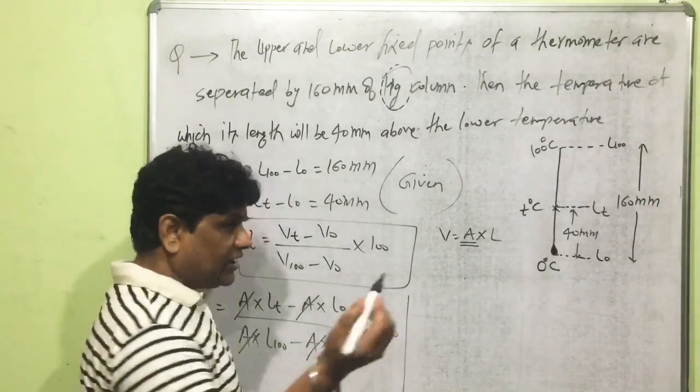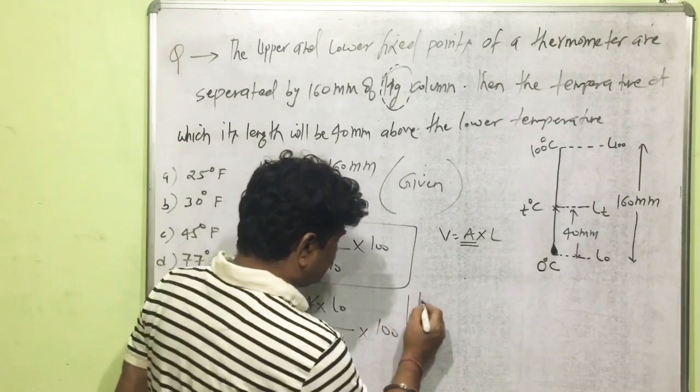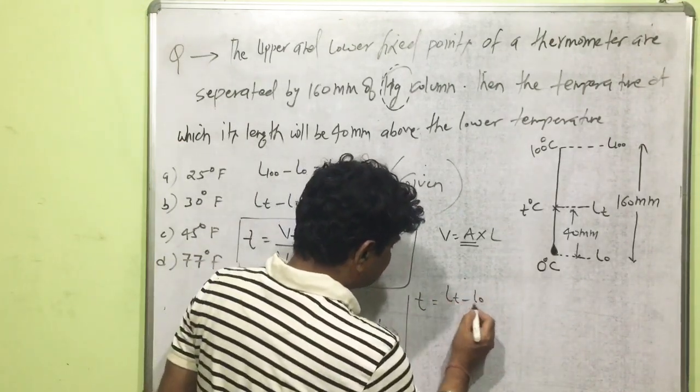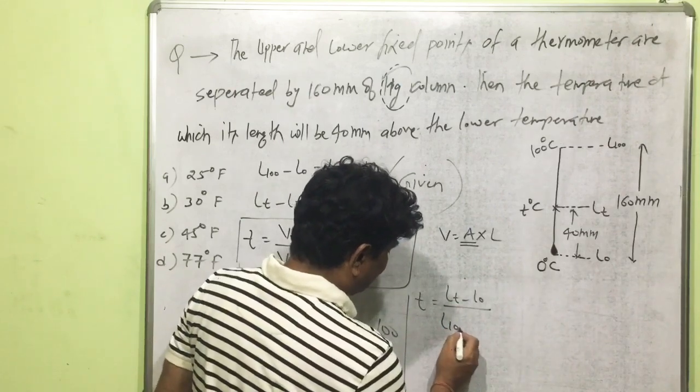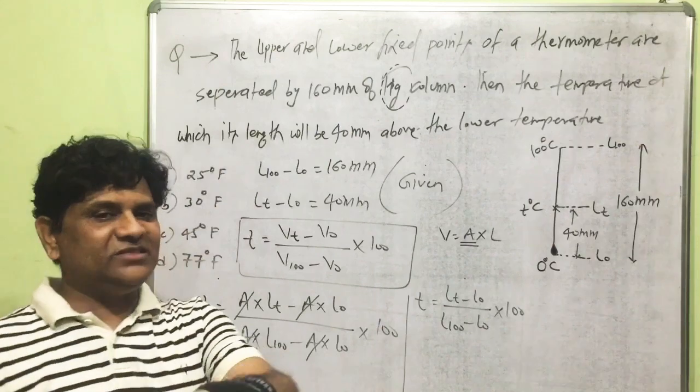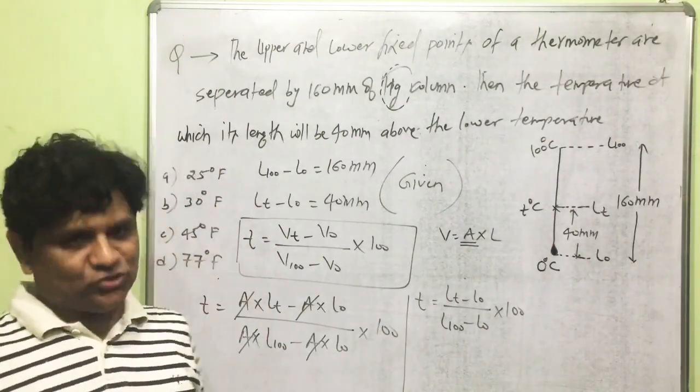A new relation now becomes: T is equal to Lt minus L naught divided by L100 minus L naught, into 100. This is the required relation to solve our question.